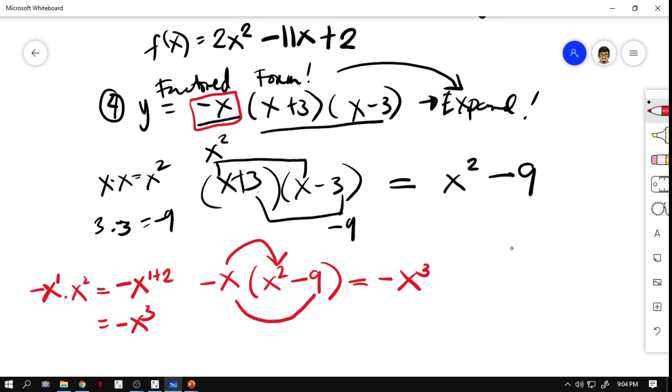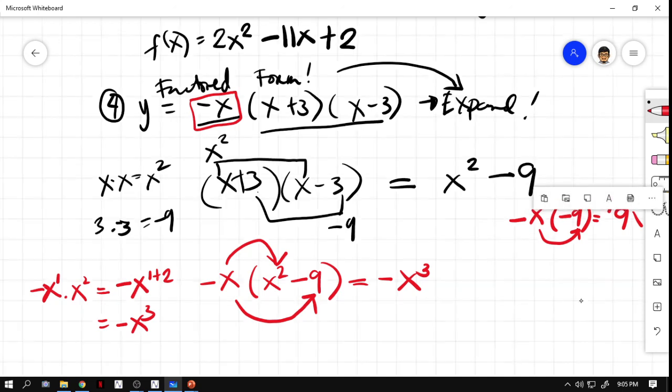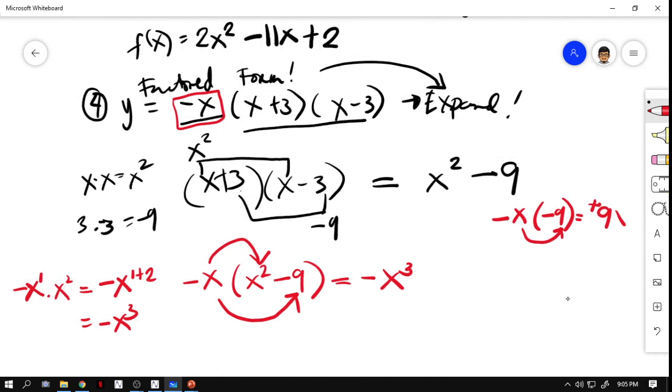Next, negative x times negative 9. Negative times negative is positive. x times 9 is 9x. So, we have positive 9x.